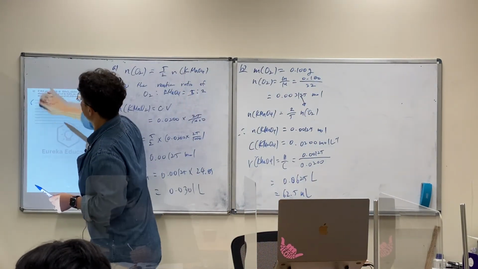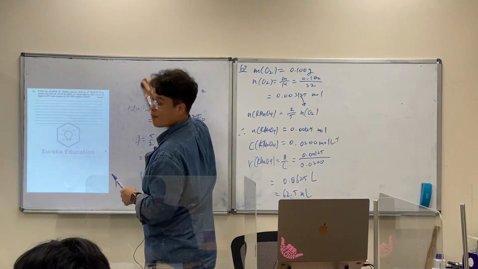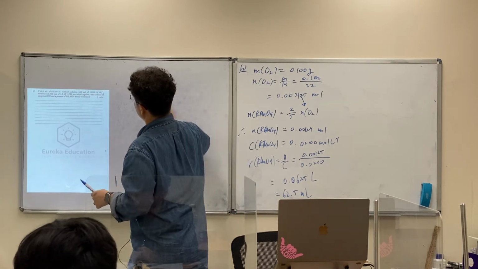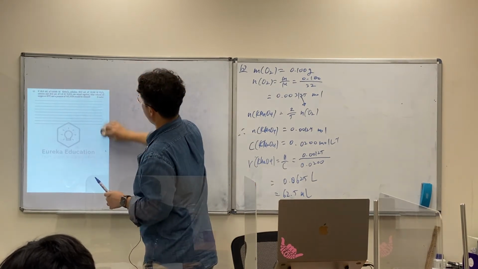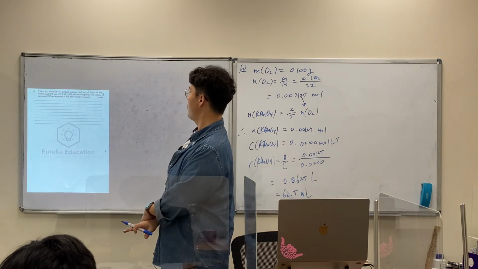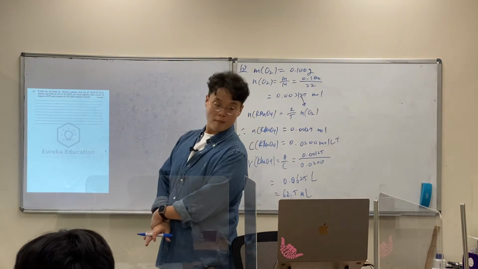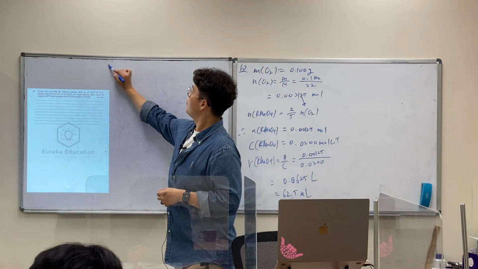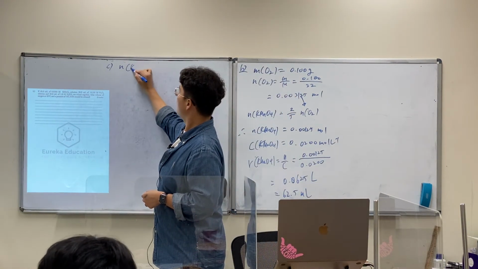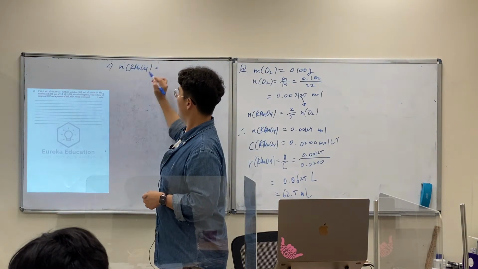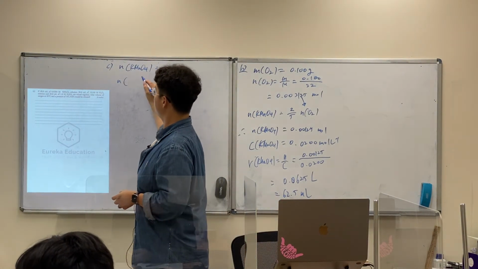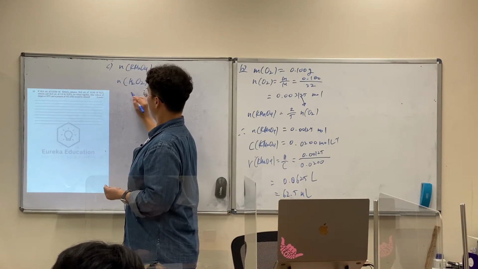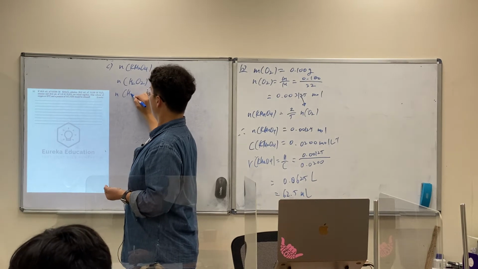C. If 40 milliliters of 0.02 molar potassium permanganate solution, 20 milliliters of 0.1 molar hydrogen peroxide solution and 20 milliliters of 1.0 molar sulfuric acid are mixed together, what volume of oxygen at 20 degrees Celsius and the pressure of 101.3 kPa would be released?